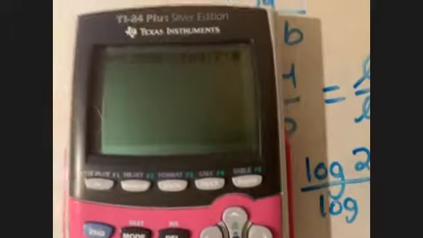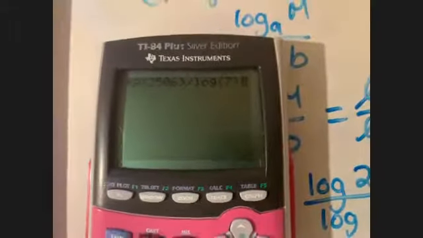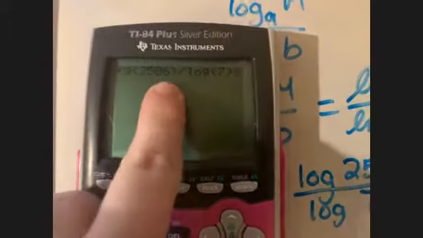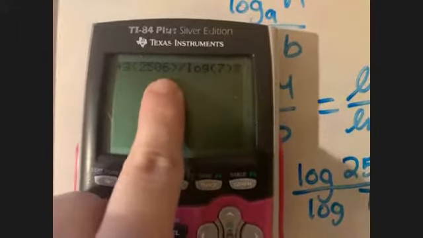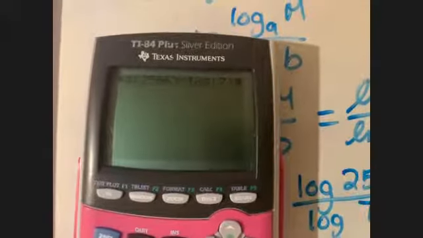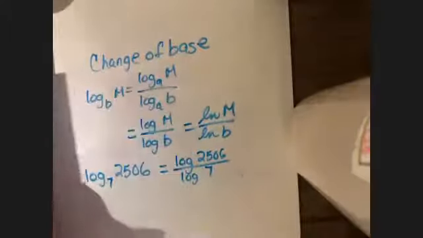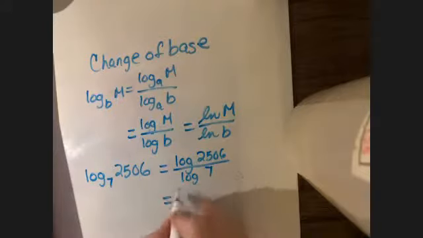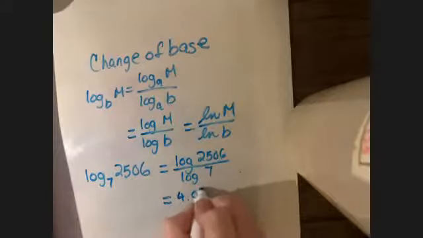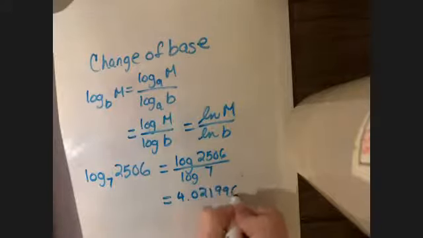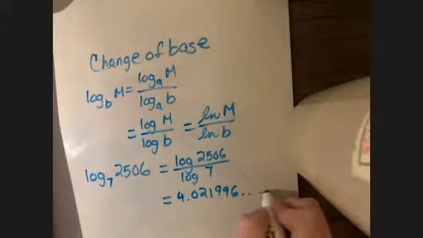I'll bring this down so you can see this. Make sure that you close that set of parentheses after that 2506 before you go into the next part of this. And when I press enter, I get the answer 4.021996, and there's a bunch of stuff after it.